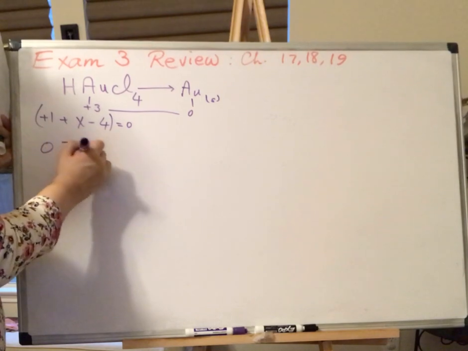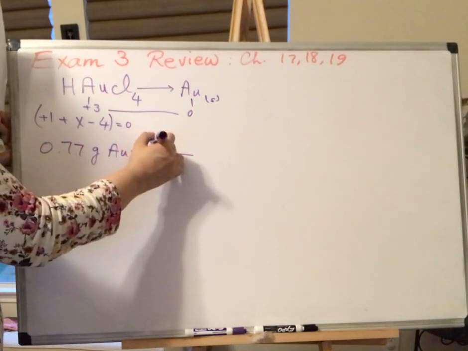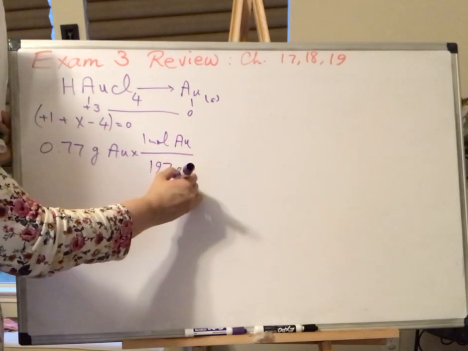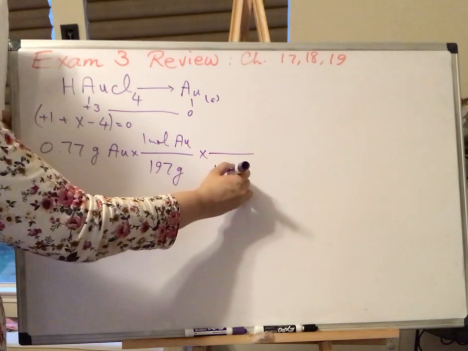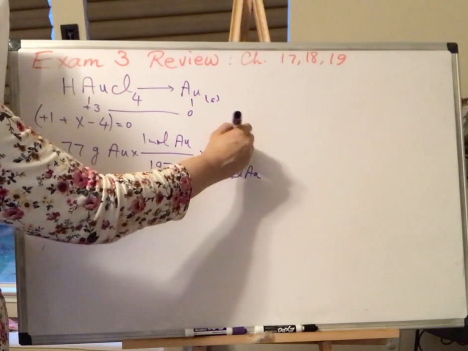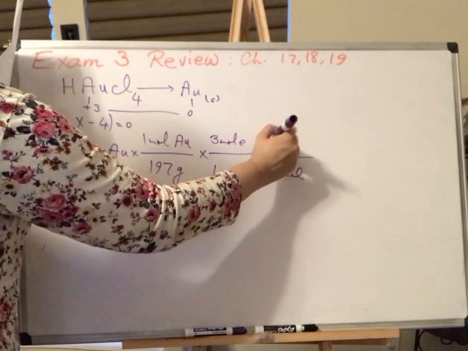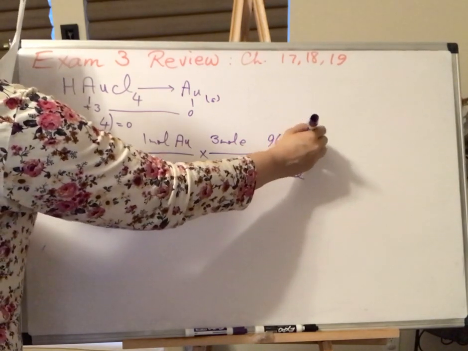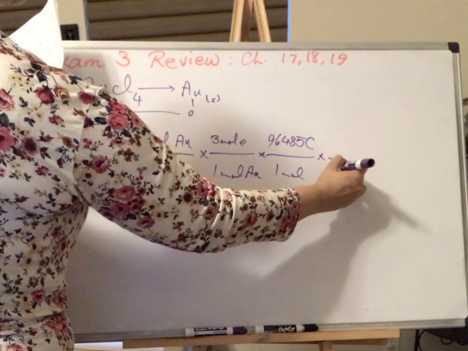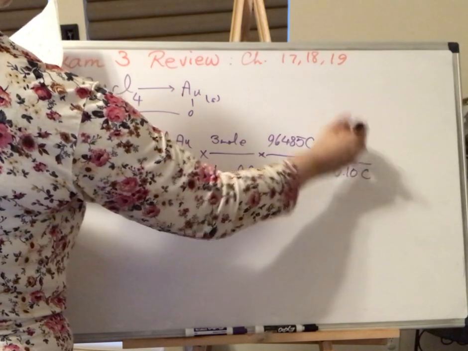So start with 0.77 grams of gold. 1 mole of gold is 197 grams, and 1 mole of Au can transfer 3 moles of electrons. 1 mole of electron is 96,485 coulombs, and 0.10 amperes means 0.10 coulombs per second.